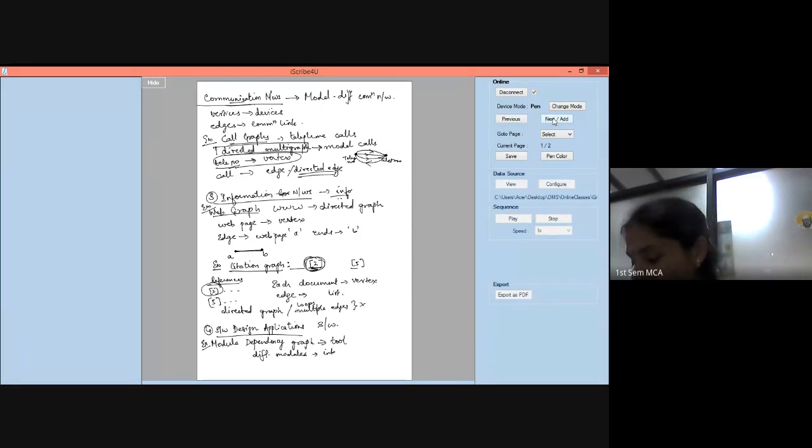How are these different modules going to interact with each other? That is the module dependency graph. In this graph, each module is represented by a vertex, and there is a directed edge from a module to a second module if the second module depends on the first. That is about software design applications.